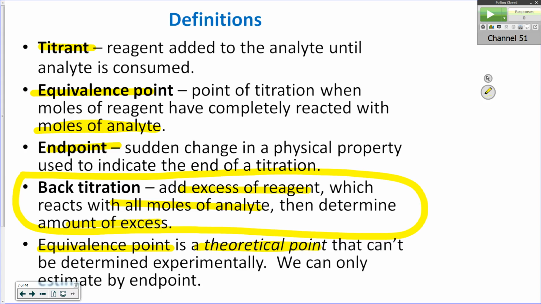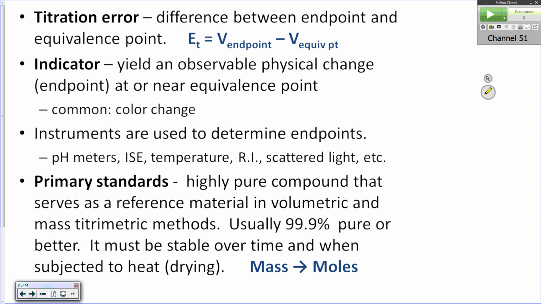We've been using things like indicators to tell us the titration's done, but different indicators change colors at different points. We can easily choose the wrong indicator and get a false point. So we have to make sure we're using the right indicator.